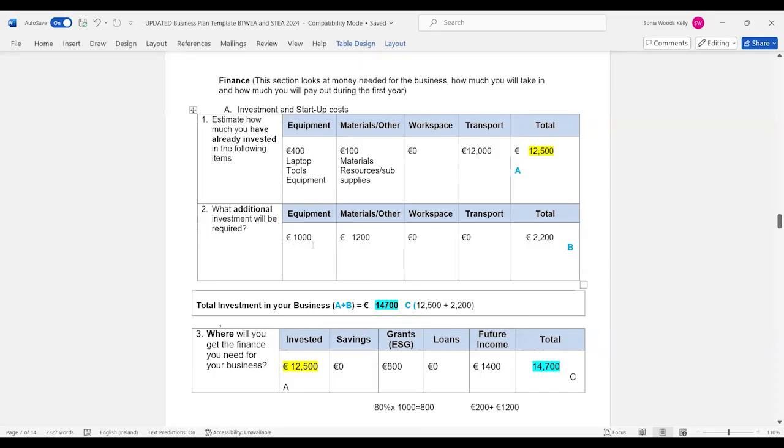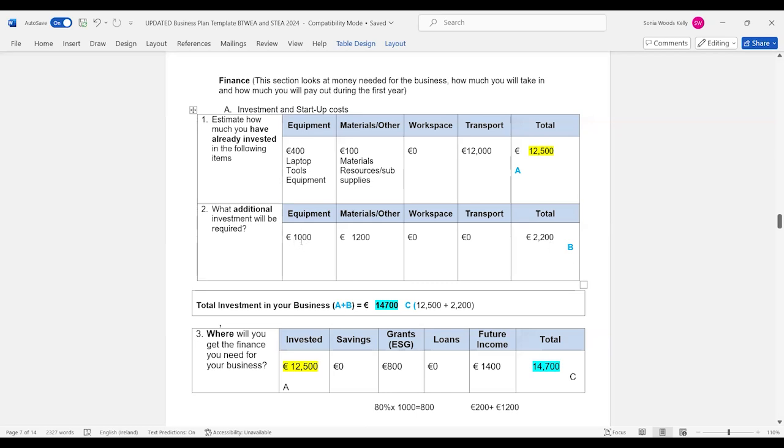So 1,000 euros is the required investment in my equipment, and I am hoping to secure 80% funding from the Enterprise Support Grant because that is the maximum funding that's available. And the remaining 20%, I will need to fund from my own funds.